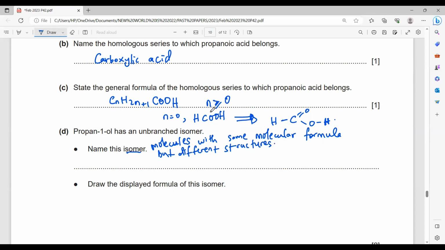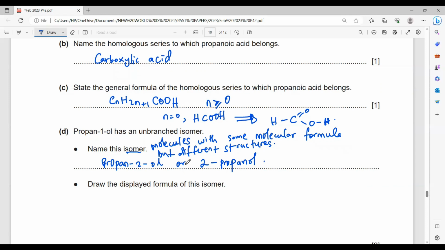The unbranched isomer of propan-1-ol should be propan-2-ol. We call them position isomers. Propan-2-ol, or you can say 2-propanol, is another name.